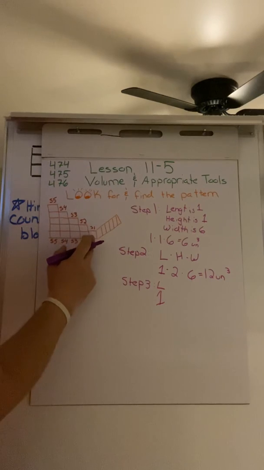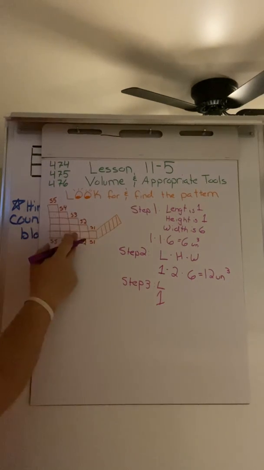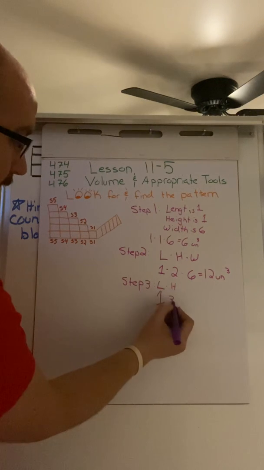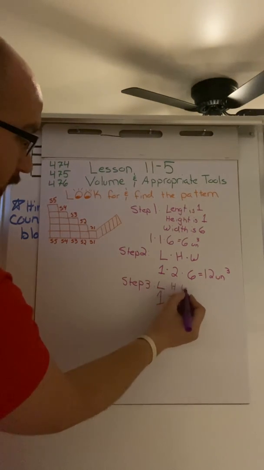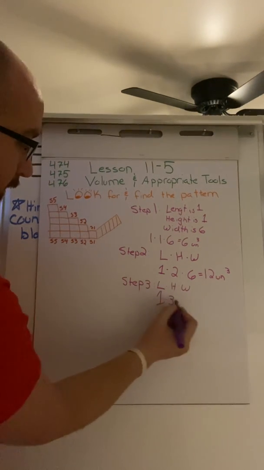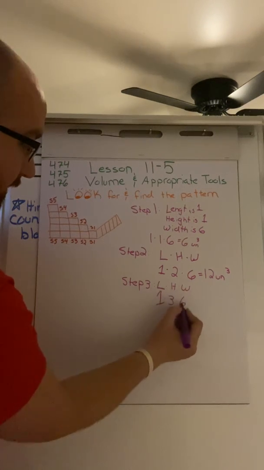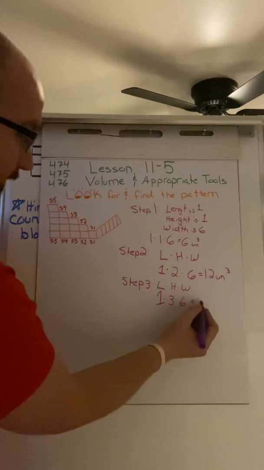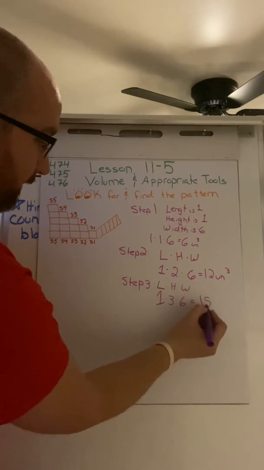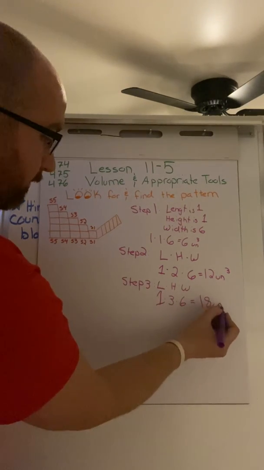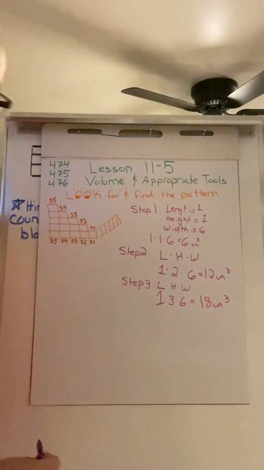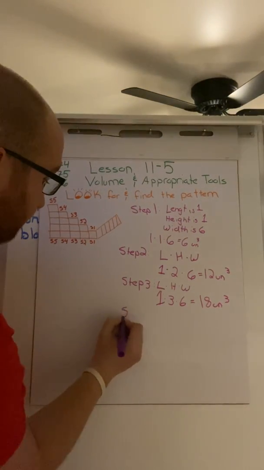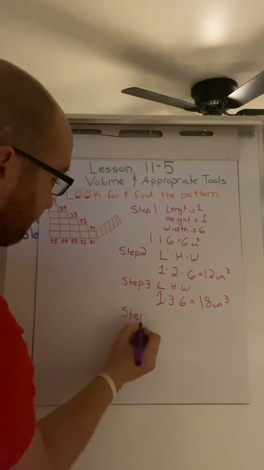My height, we had 1, 2, so for step 3, my height is going to be 3. And my width, which has been the same, is going to be 6. So now we have 1 times 3 times 6, which is 18 units cubed. Then we go to step 4.